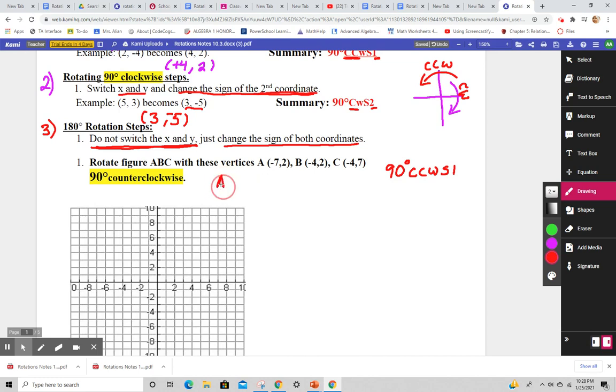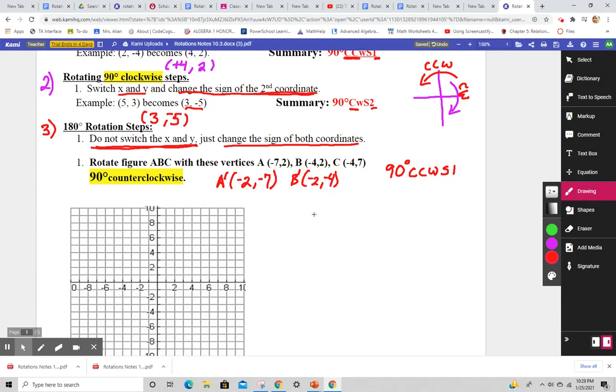So let's find A prime. So A prime, switch X and Y. So this is what I mean by switch X and Y, and change the sign of the first. Whatever the sign of the first is, change it. So if it's positive, this will be negative. All right, B prime, switch X and Y, and change the sign of the first.